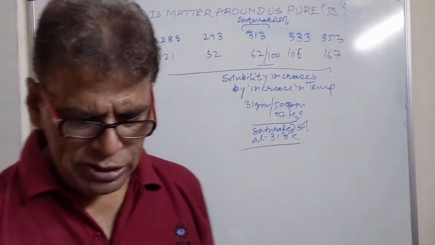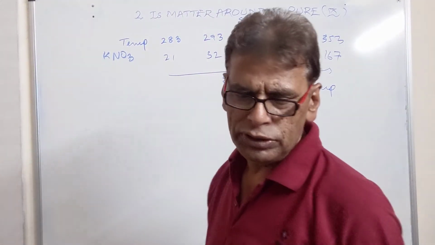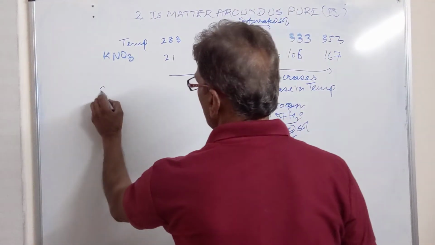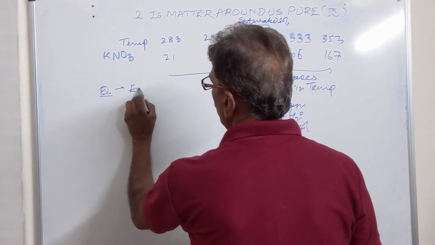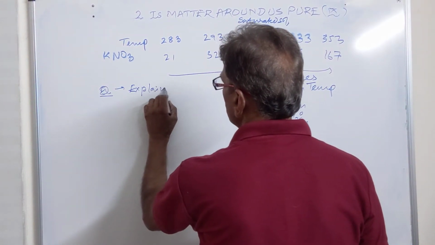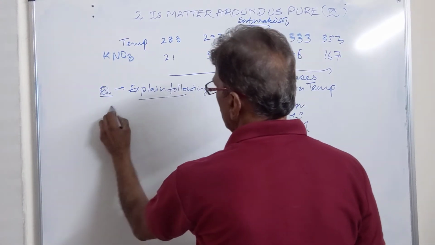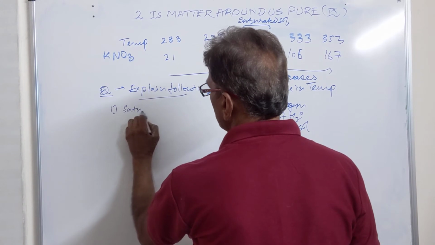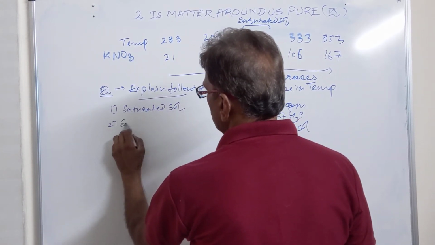Then we have a question: explain the following. This will be our question number 4. Explain the following. Number 1 is saturated solution, and number 2 is supersaturated solution.